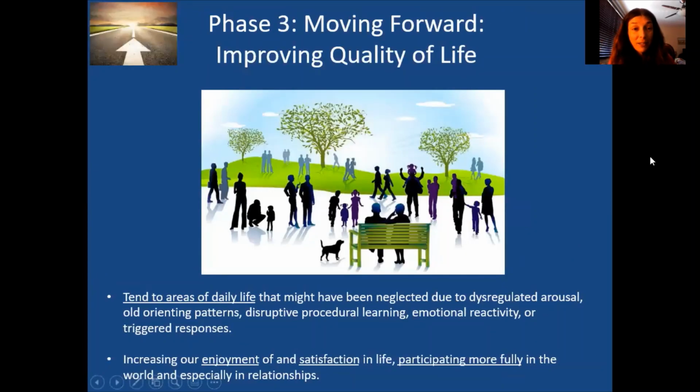Okay, so phase 3. So now that we've built some resources, we address some of the demons of the past, reshape those memories so they're less triggering, lessen their impact on our life now. Now we're ready to move forward, okay? So I'm starting to think, well, okay, I'm doing better.